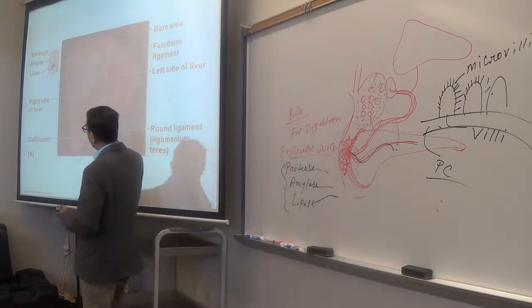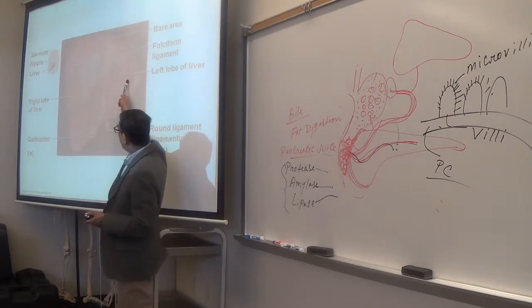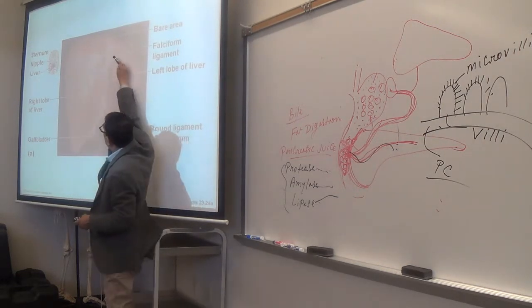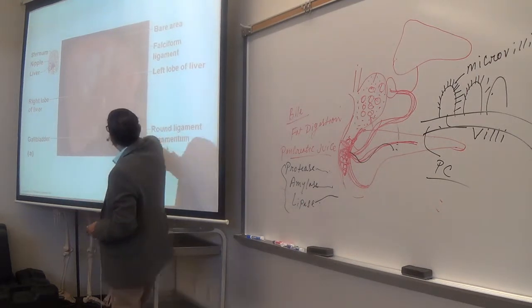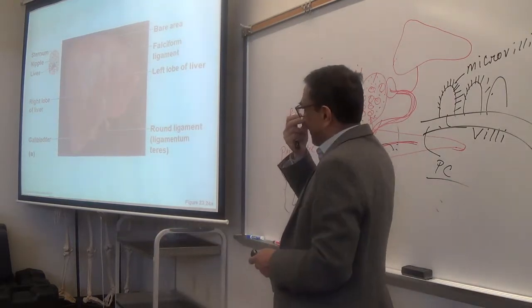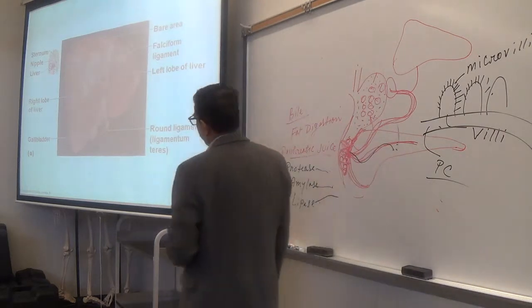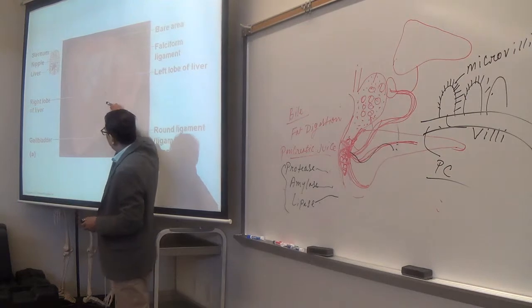The right lobe. So you see, this is the right lobe, this is the left lobe, and there are 2 more, we'll see that. These 2 lobes are separated by a ligament attached to the wall of the liver, that is called the falciform ligament.